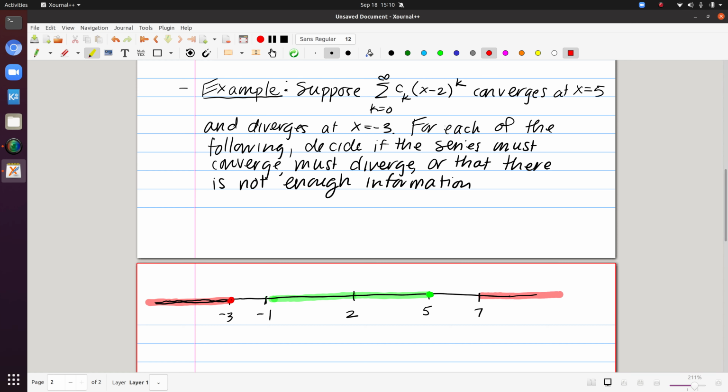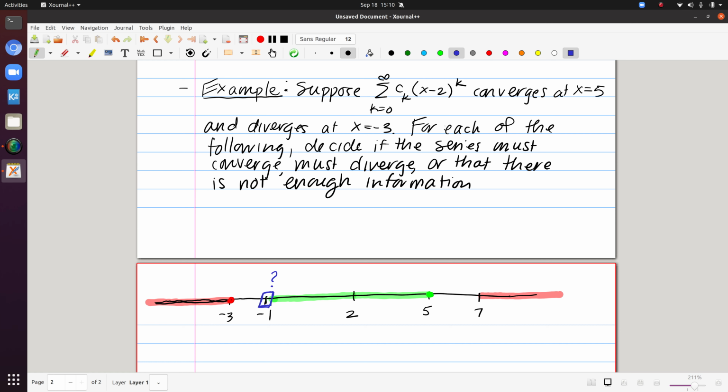So there's one last thing to consider, though, is that intentionally, I've tried to demonstrate some kind of openness here. So if I come back and look at it, there are 2 points where we really don't know anything. So consider the point -1. I'm going to put a question mark here.